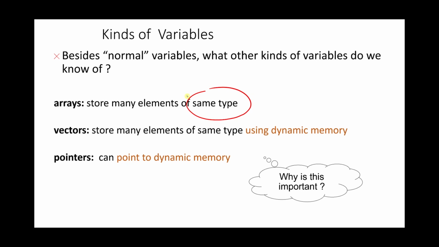For vectors, you can store many elements of the same type, but it's using dynamic memory, so it's storing the elements in the heap. With pointers, you can point to dynamic memory. If you want to use the heap, then you need something to store the address the operating system is giving you back once the memory is allocated, which is pointers.